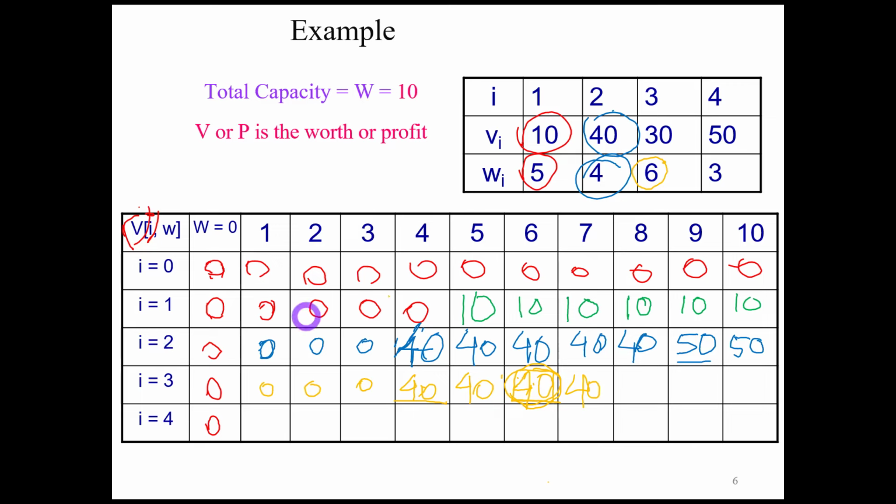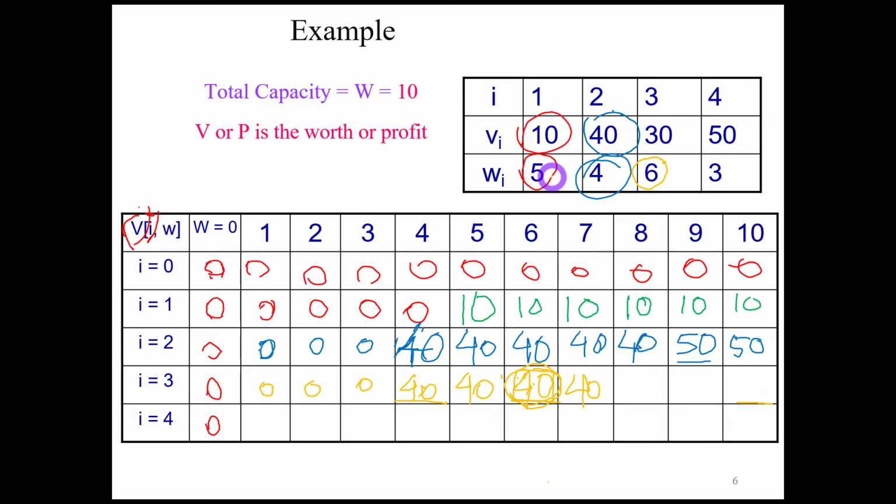So what is their combined profit? Their combined profit is 30 plus 40, 70, right? And 6 plus 4 is 10. That means this is the place where both of these can come together. What if I pick up 3, 1? Can I pick that up? The third item has the weight 6, and the first item has the weight 5. So 6 plus 5 is 11.